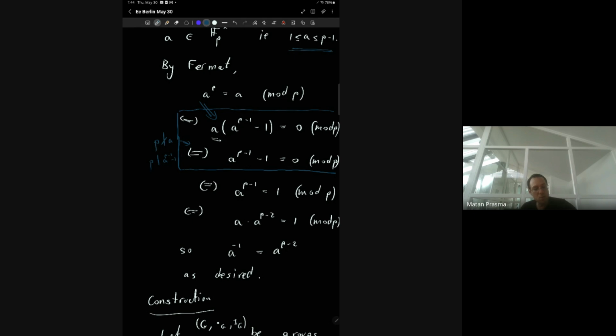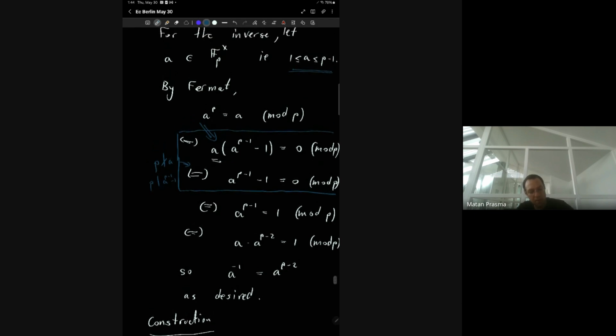But if you notice what we have here, this Fp, the set of numbers 0 up to p minus 1 with addition modulo p and multiplication modulo p, is what is called a field.